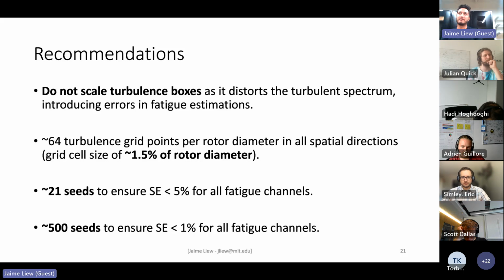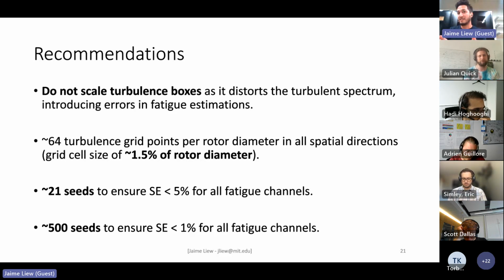It turns out the longitudinal discretization is more or less the same cell length as the vertical and horizontal recommendation that I gave. So every cell should be about 1.5% of the rotor diameter in each spatial direction.